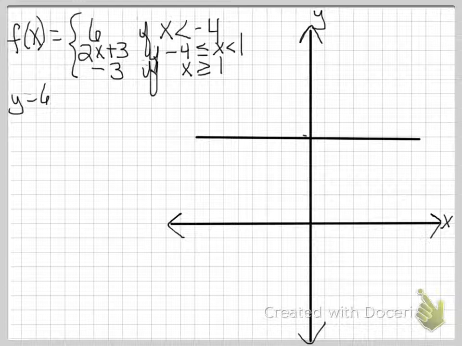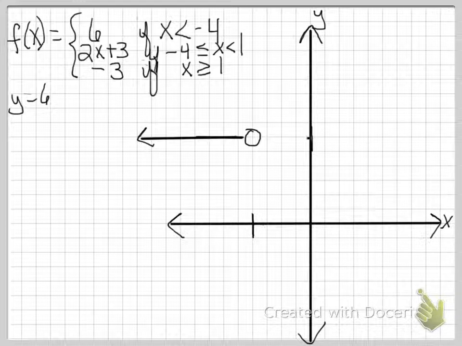So here's -4. So it's to the left. So I have to erase this line, and it will be an open circle at -4.